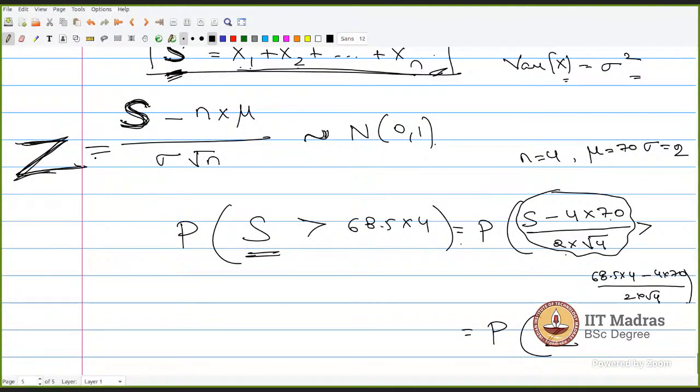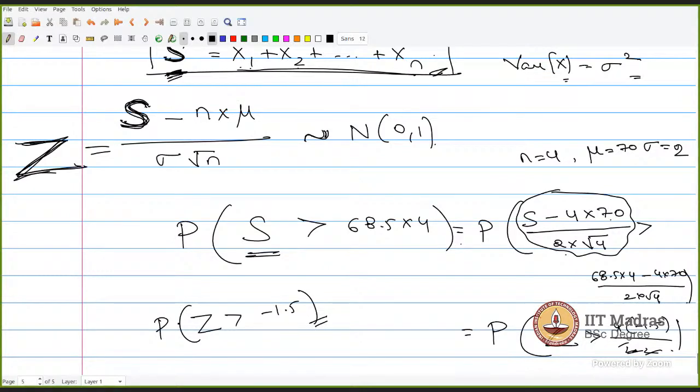The second part will come to minus 1.5, which we will get when we calculate. So this is 4 times minus 1.5 divided by 2 times 2. So the probability that Z is greater than minus 1.5. You use the table, or the value is given to you.